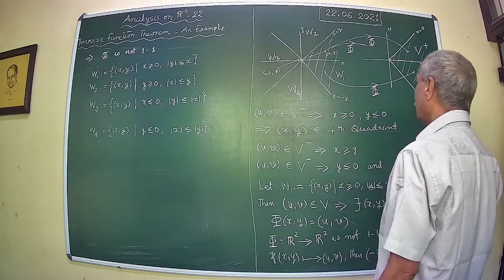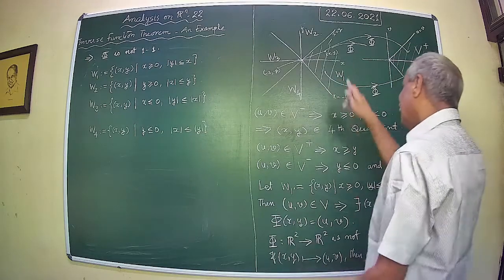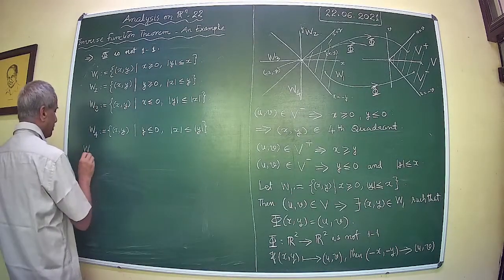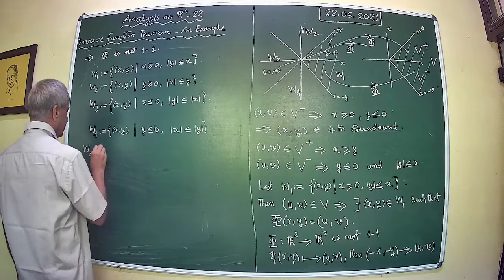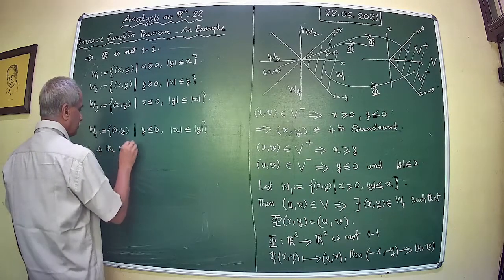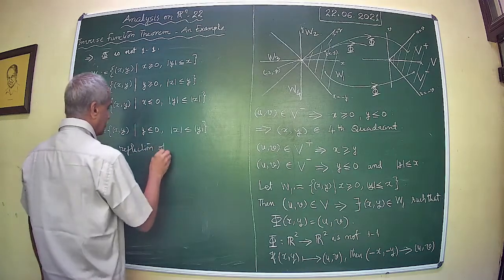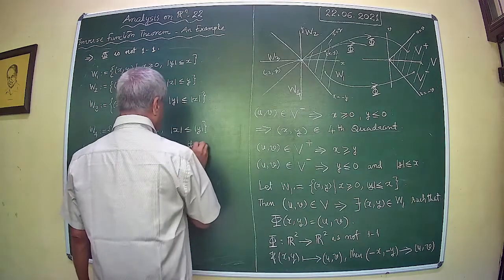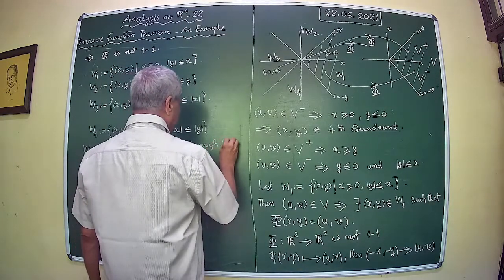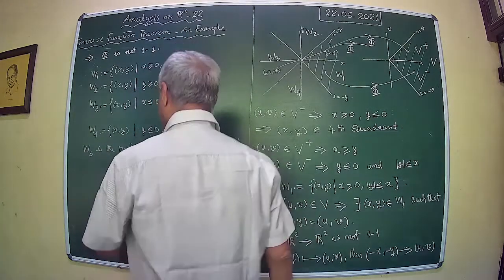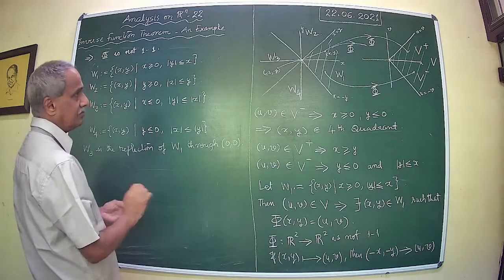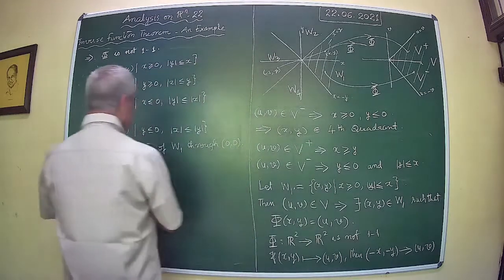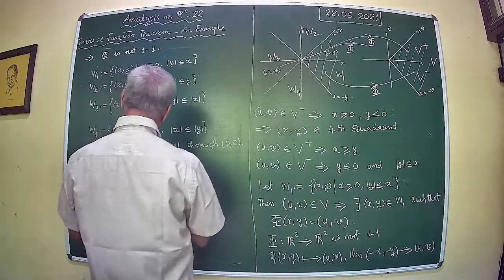W3 is essentially the reflection of W1 through 0, 0. And you can get W3 from W1.